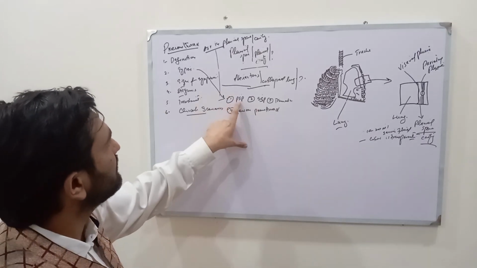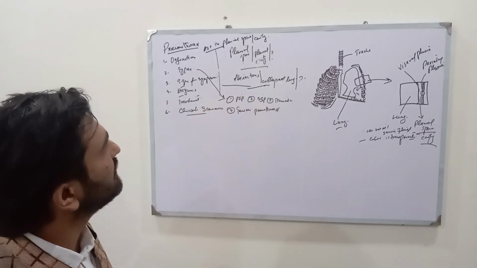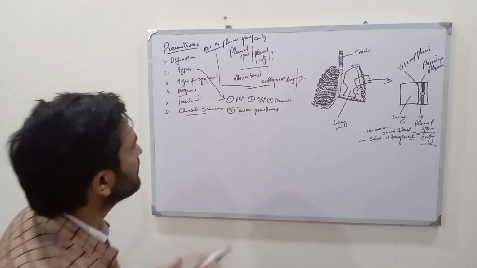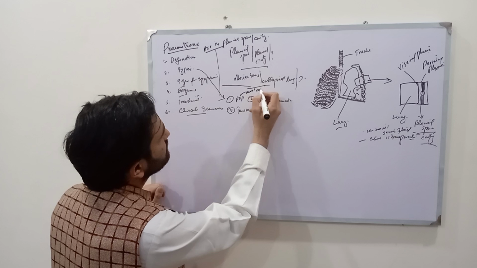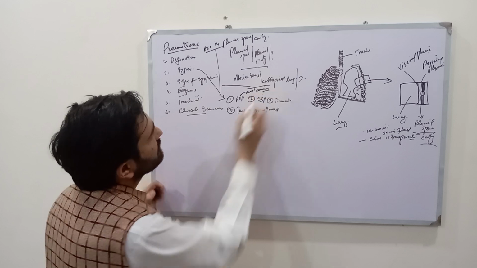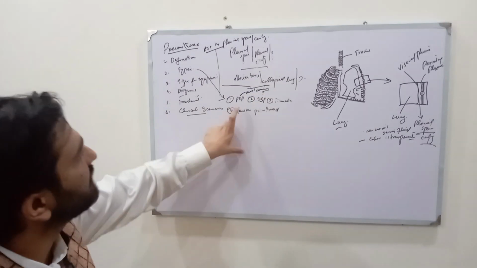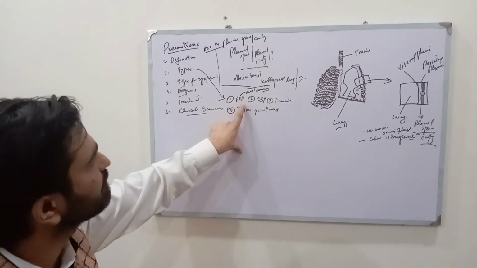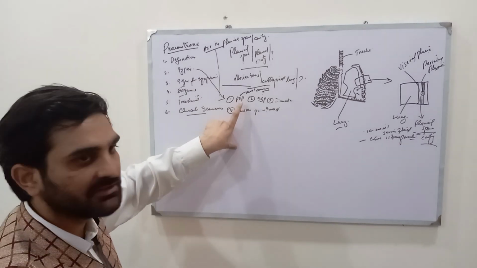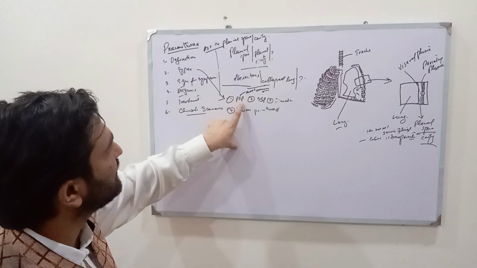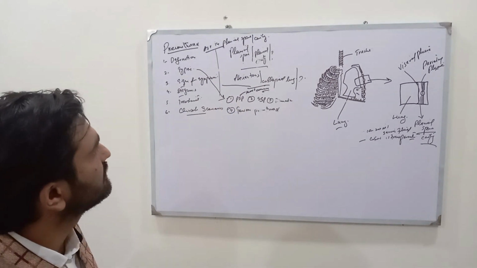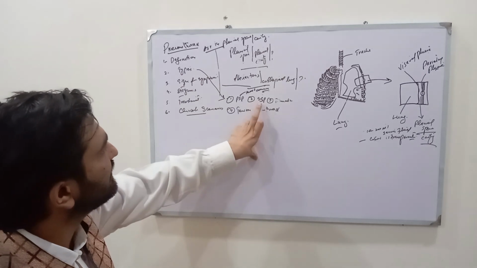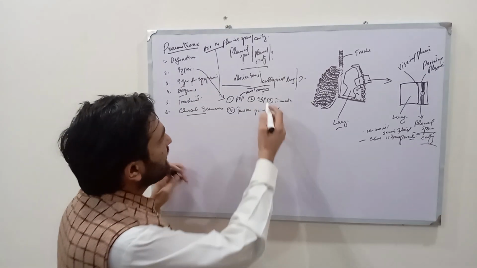Another difference is that primary spontaneous pneumothorax is the most common. There is no underlying pulmonary disease, and it is most common in young adults. Next, secondary spontaneous pneumothorax.